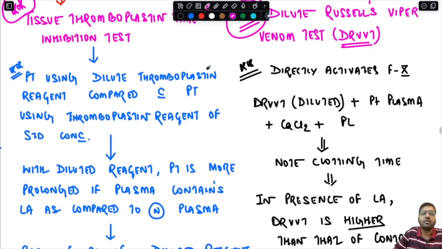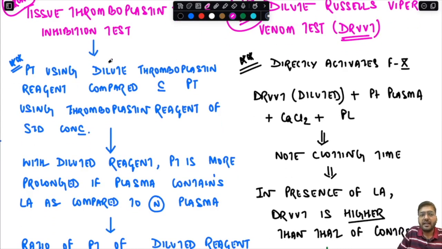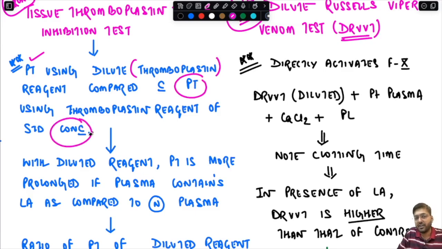So first we are going to see the tissue thromboplastin time inhibition test. Over here, remember, the prothrombin time using dilute thromboplastin reagent is compared with the prothrombin time using thromboplastin reagent of standard concentration. First we use the dilute thromboplastin reagent and later we perform the same test using a thromboplastin reagent of standard concentration.